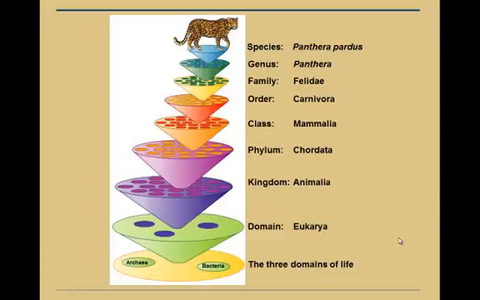And I like this diagram quite a bit here because it kind of turns it upside down. Before we had domain on top, but it puts domain on the bottom. And if you can make that little mental adjustment, there are 3 domains, and this is showing domain Eukarya, one of the 3, and there's only a handful of kingdoms in there.